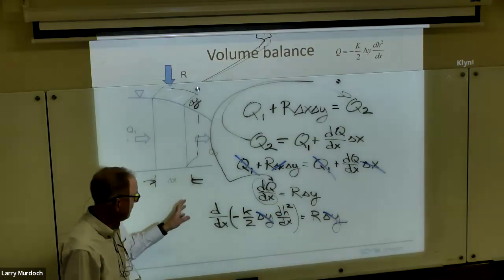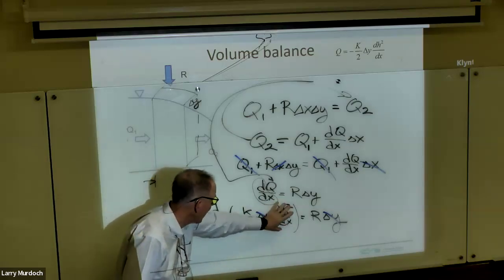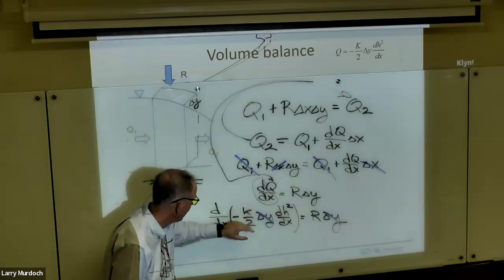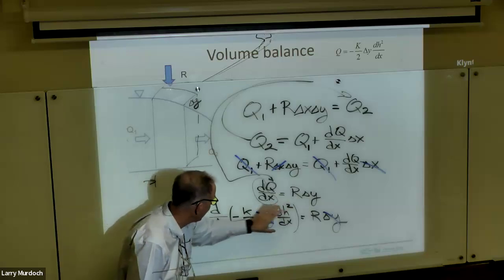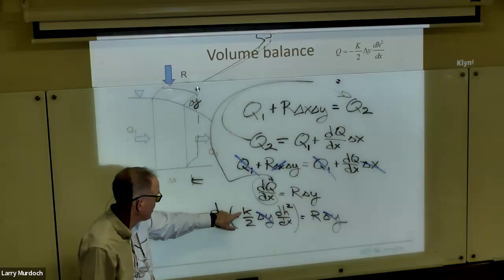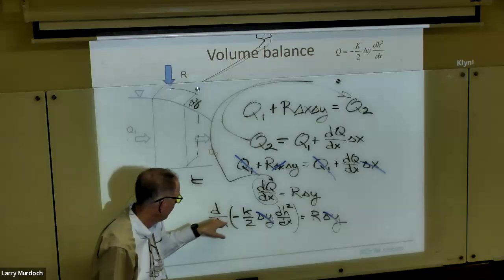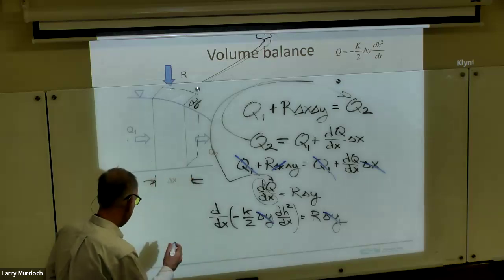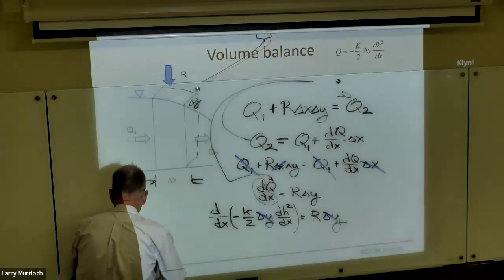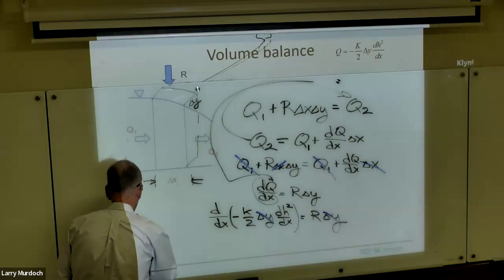If these are both variable, you have to take the derivative of that times that plus the derivative of that times that. But if this is constant, it just comes out, and we just have this operating on that. Okay, so let's write this as it's homogeneous.